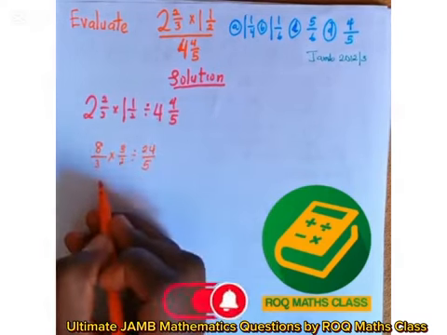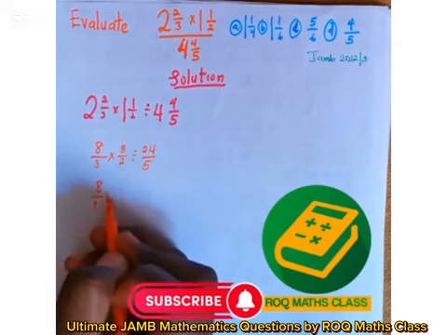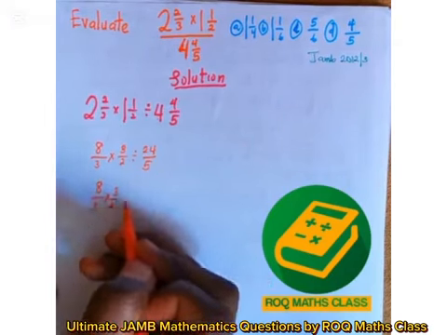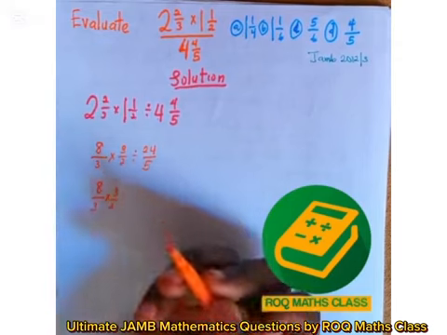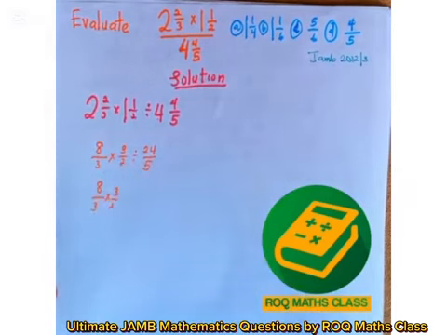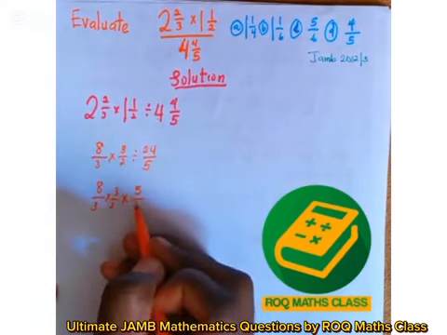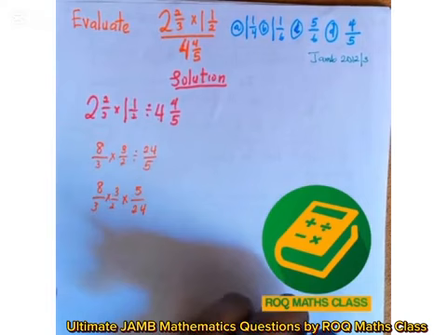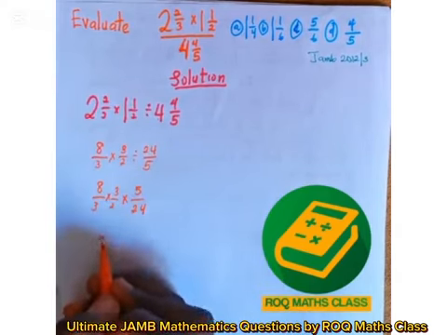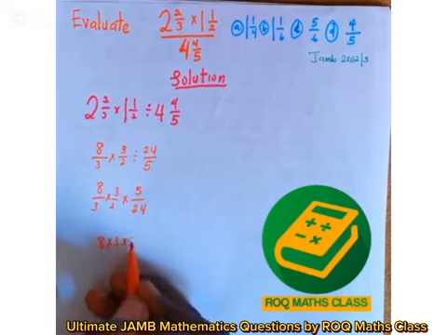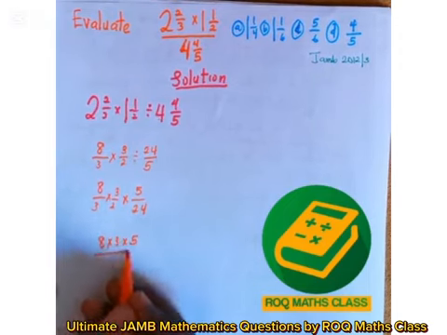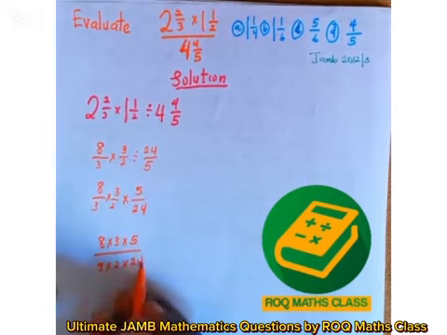And this is the same thing as 8 over 3 times 3 over 2. By changing this sign to a multiplication sign, you have to take the reciprocal, times 5 over 24. And this is the same thing as 8 times 3 times 5 over 3 times 2 times 24.